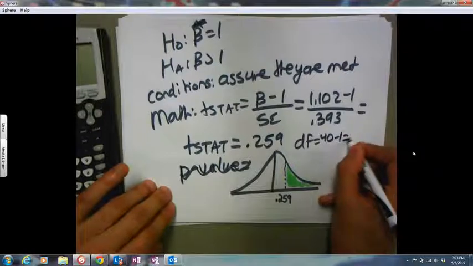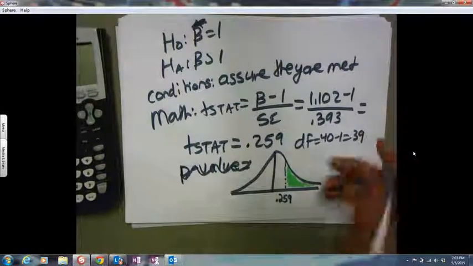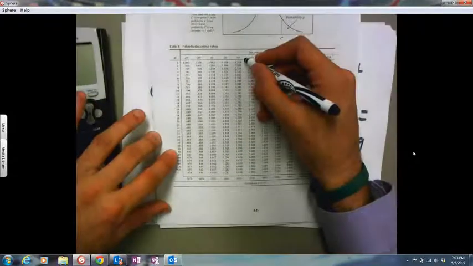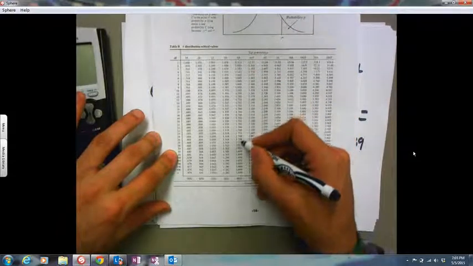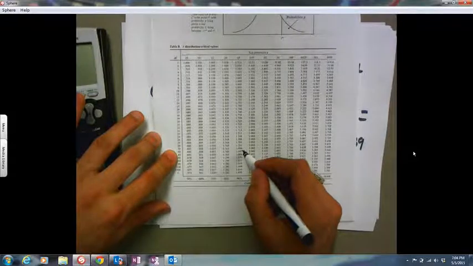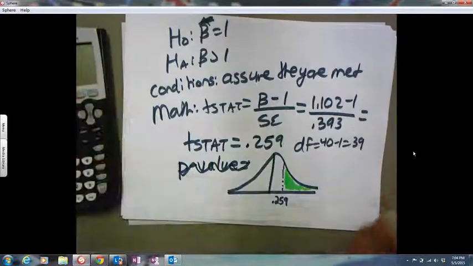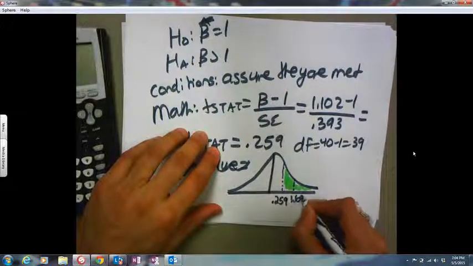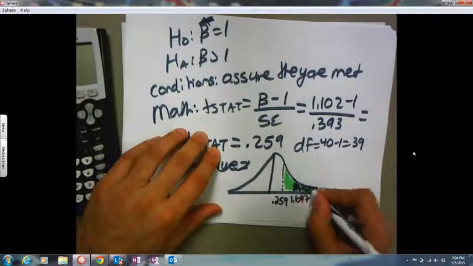So if I go to my table, with DF of, let's say I use 30, and I go to 0.05, the number I get is right here, 1.697. This is 0.05. So the green has to be bigger than 0.05.